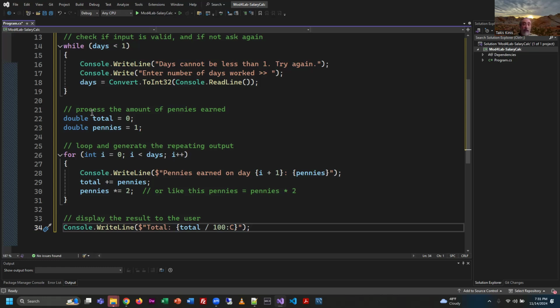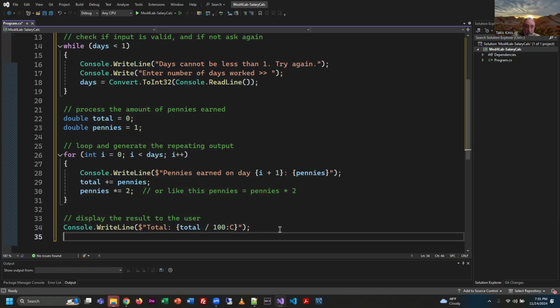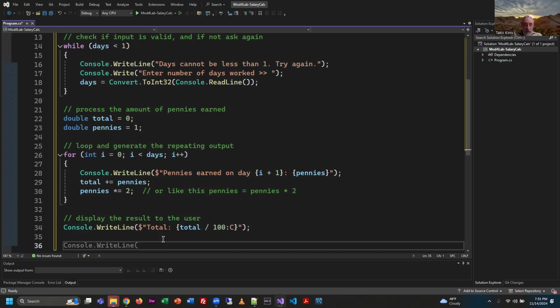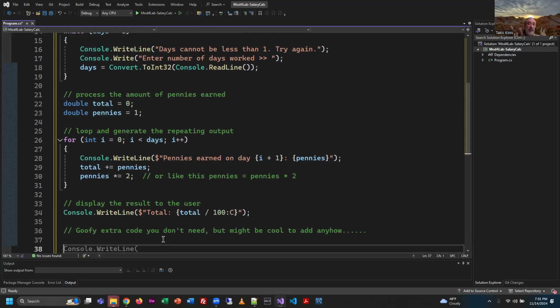All right. And then this is really kind of goofy extra code you don't need, but might be cool to add anyhow. This is just me kind of resurrecting some of my old school programming stuff.